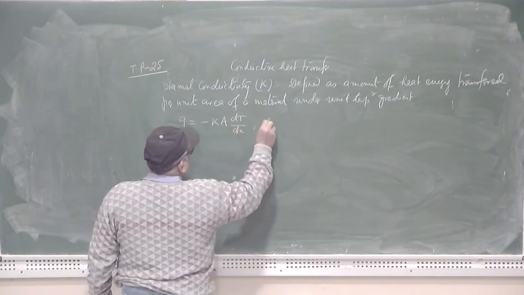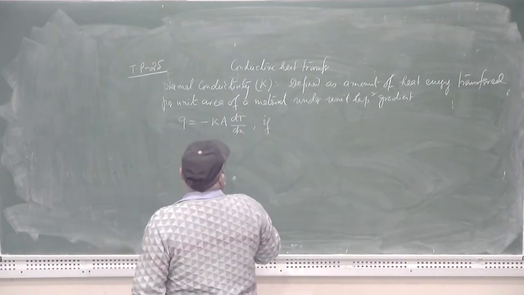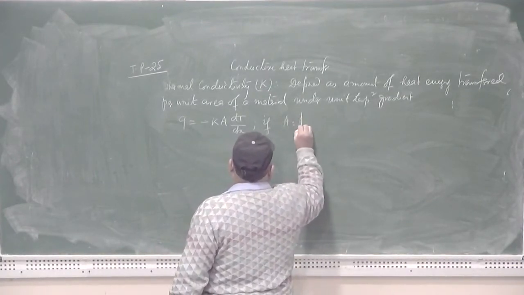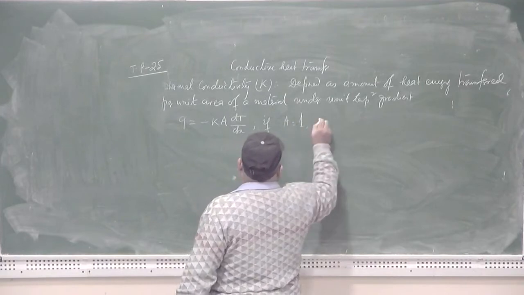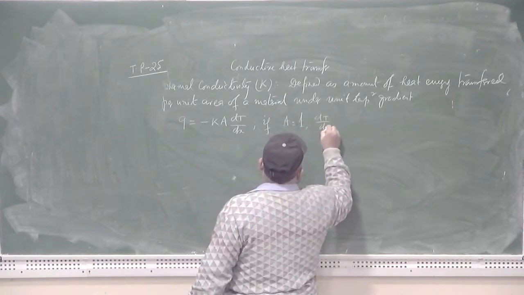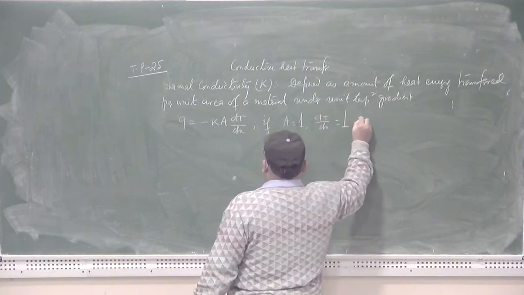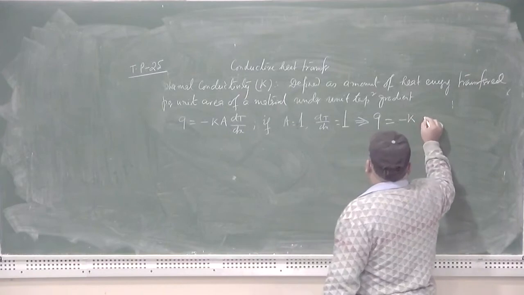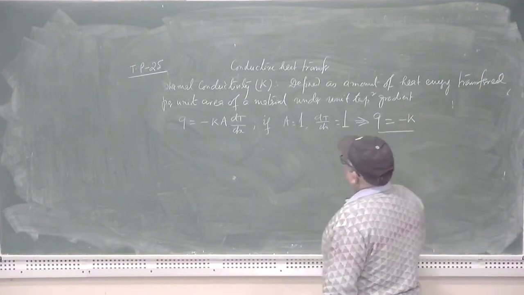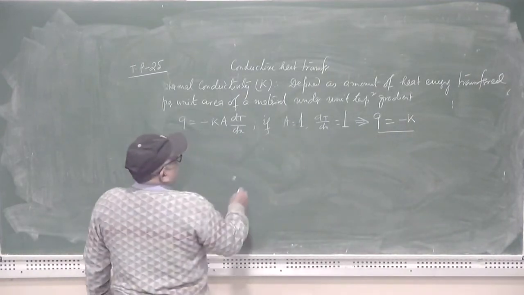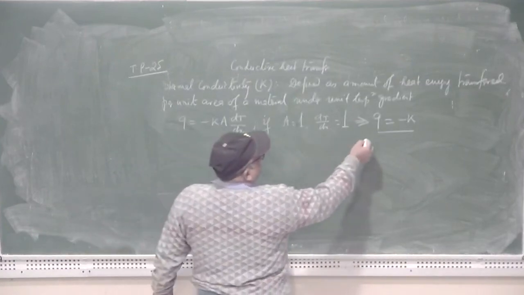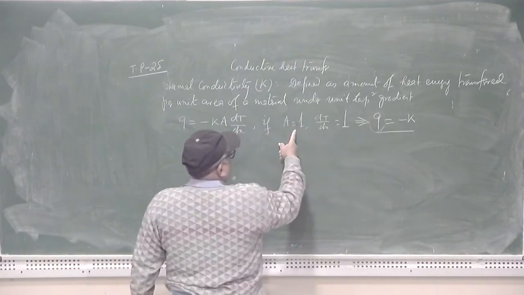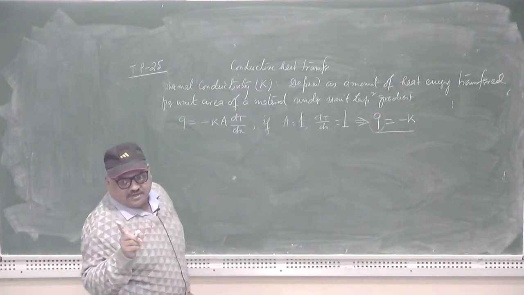Here, if A is equal to 1 and dT by dx, the unit temperature gradient, is equal to 1, then Q is equal to minus K. So, the amount of heat energy transferred per unit area, because I have taken the area equal to 1 here.